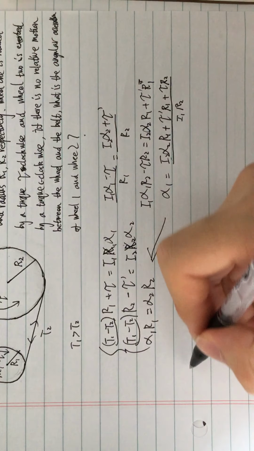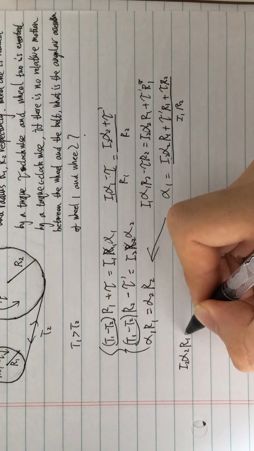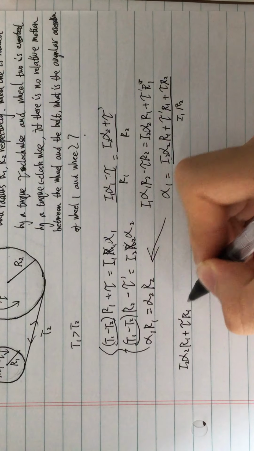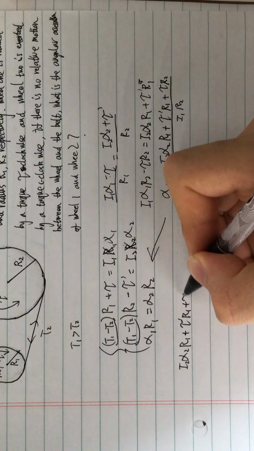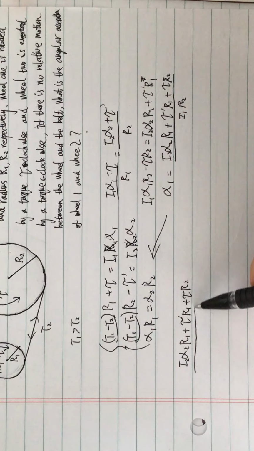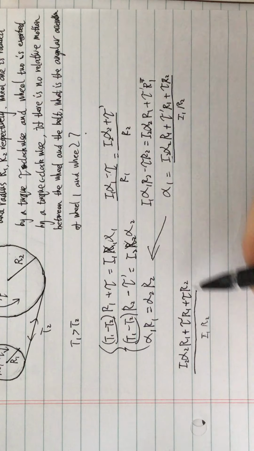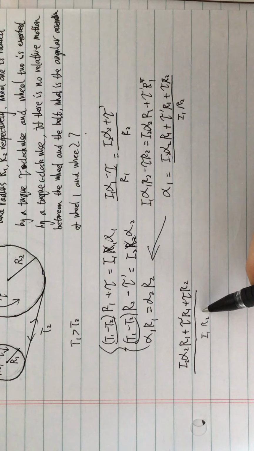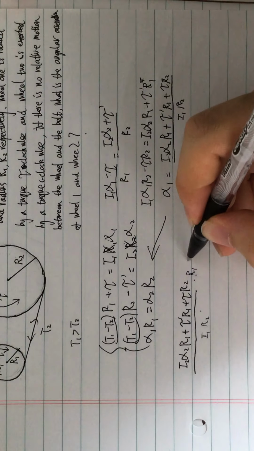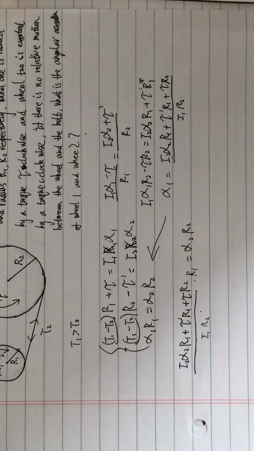Alpha 1 times R1 is equal to alpha 2 times R2.